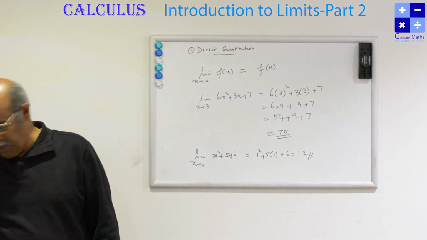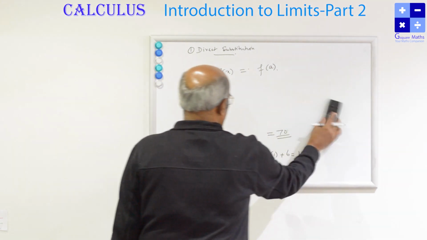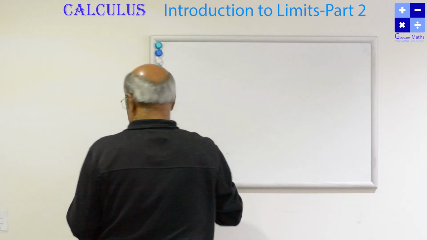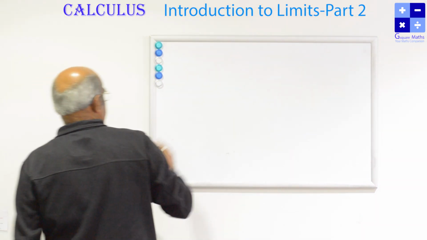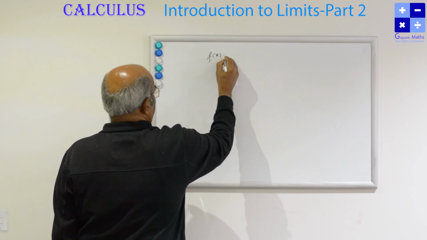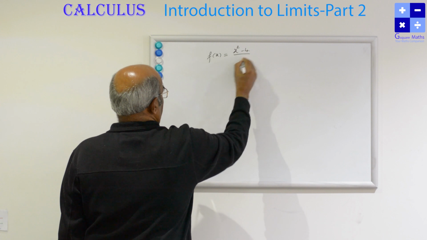Now another example, another method: if the function is in the form of 0 by 0. Suppose the function is given as (x square minus 4) by (x minus 2).